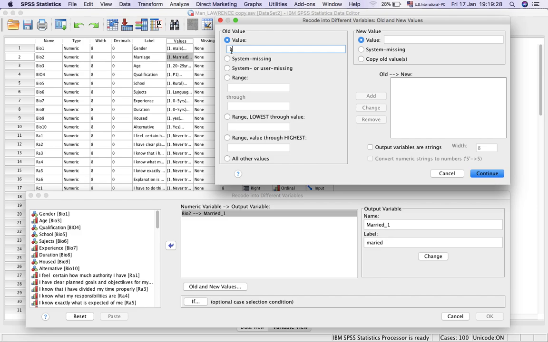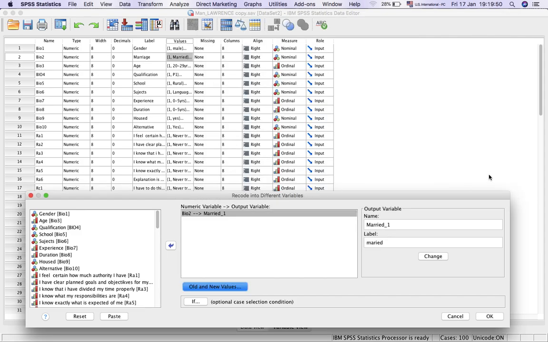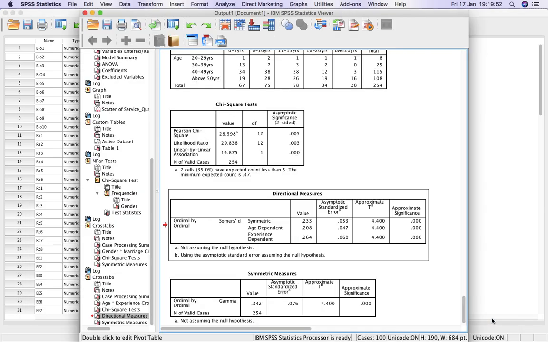From the previous variable, married was 1, then any other is 0. We need to be very careful because there might be missing values, so you capture them here, then all others 0. Are you seeing that? That's the dummy variable for married.